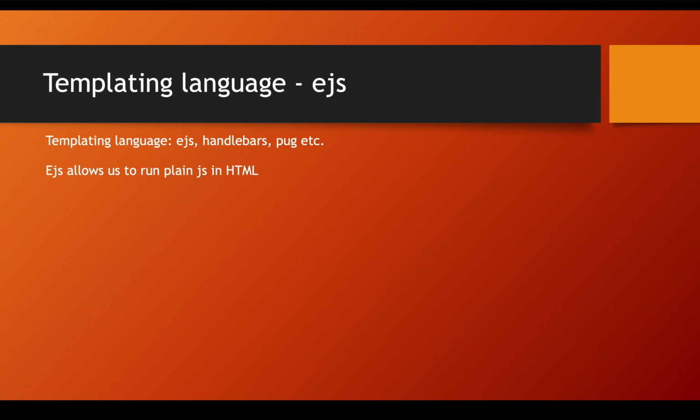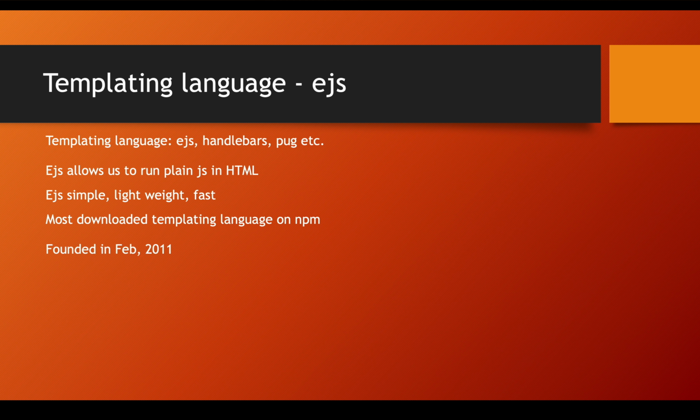So what does EJS do as a template engine? It helps us run plain JavaScript in HTML so that we can make our HTML dynamic. Now EJS is very simple compared to others like Handlebars or Pug. It is very lightweight and fast, and as I said, it is the most downloaded and popular one out there. And it was founded in February 2011. So just a bit of theory for you.